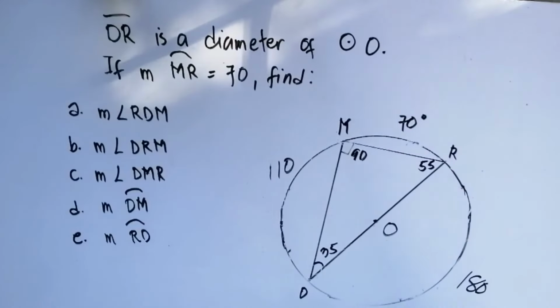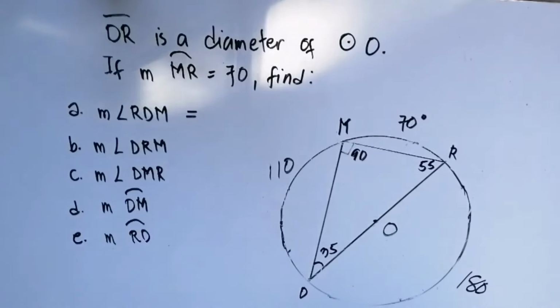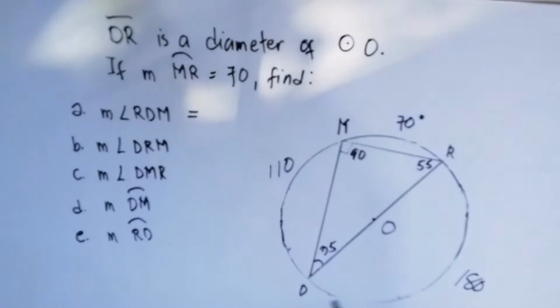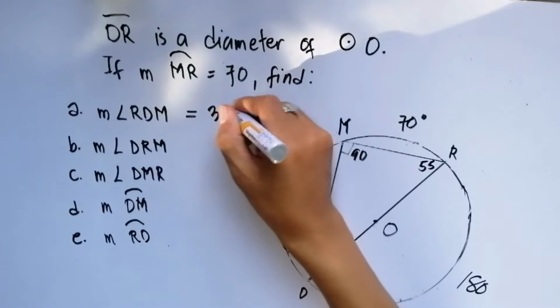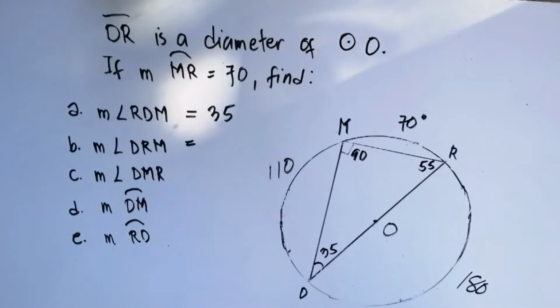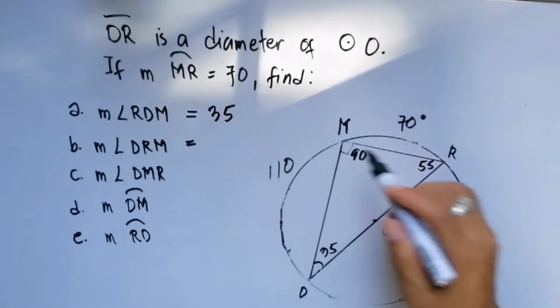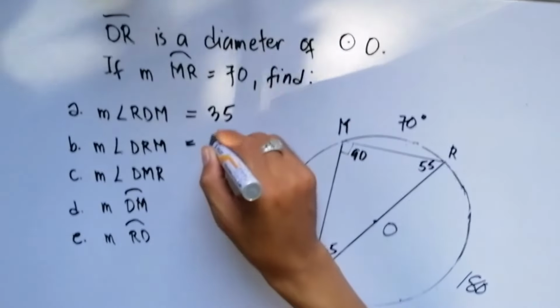Now what is the measure of angle RDM? That is equal to 35. For B, the measure of angle DRM is equal to 55.